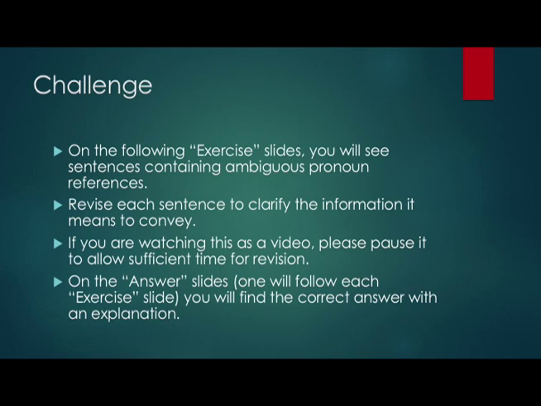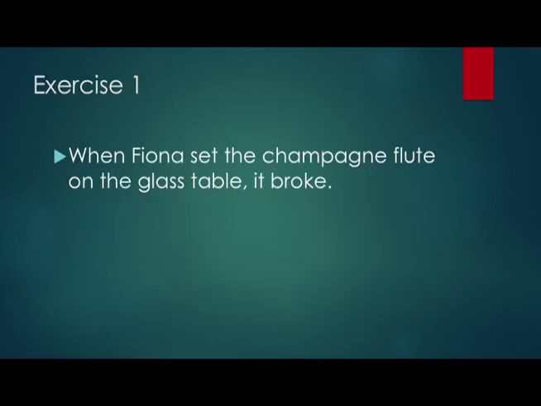Revise the sentence, remove the ambiguity, don't change the meaning, okay? And on the answer slides, we're going to look at the possible choices and explanations for them. So let's begin with exercise 1. When Fiona set the champagne flute on the glass table, it broke.